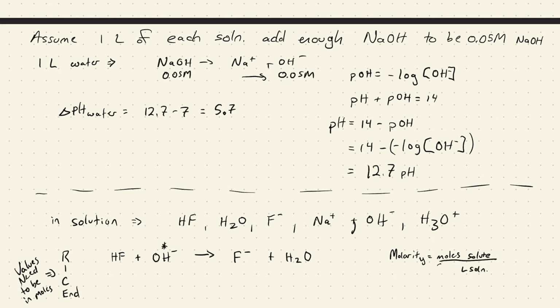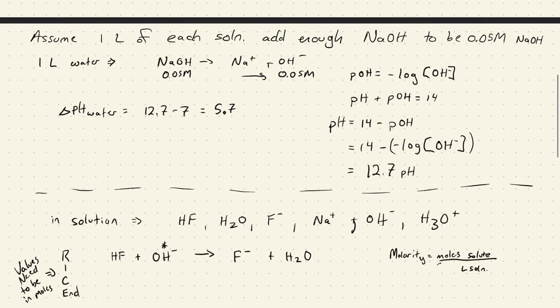So if I want to know the moles of solute, that's going to be molarity times liters solution. Okay, now this one's easy because my molarity was 1.0 molar and my liters of solution is 1 liter. So I just end up with 1 mole of HF.